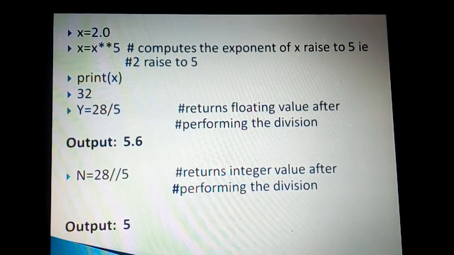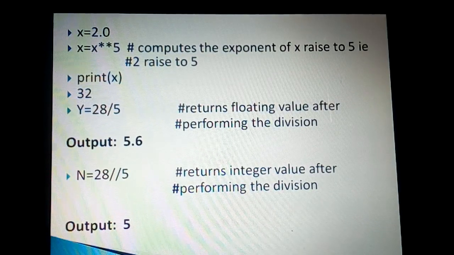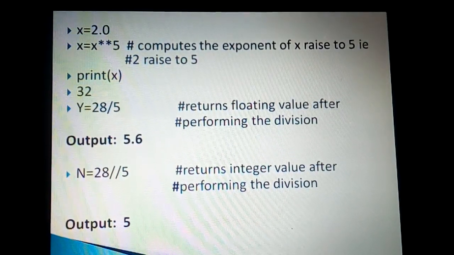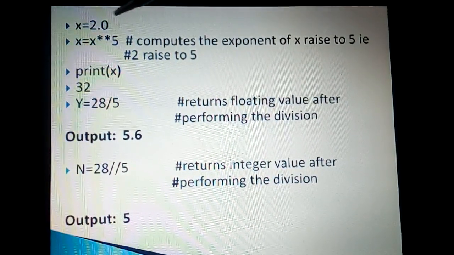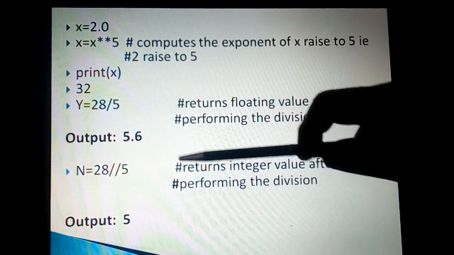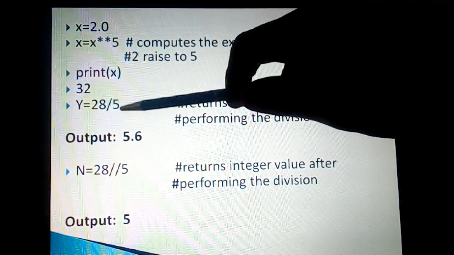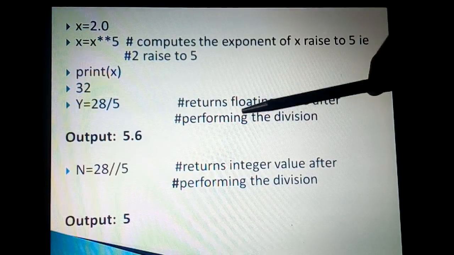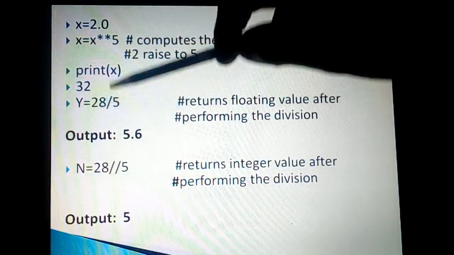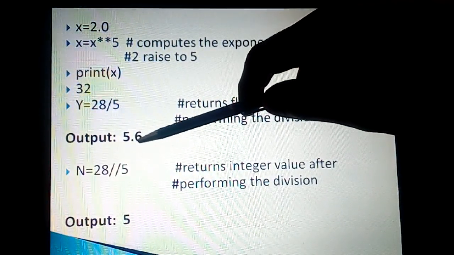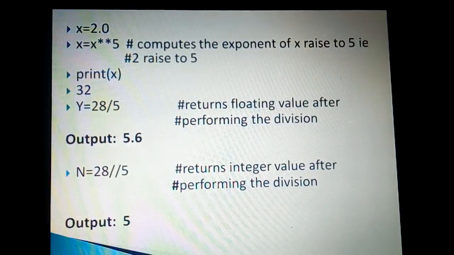So unlike C where we had the pow function, we need not write a function here, but we can make use of the asterisks itself. And further, 28/5 is nothing but division, but what kind of division is this? This is a floating point division, that is whatever result we get is the value with a decimal place, that is 5.6.